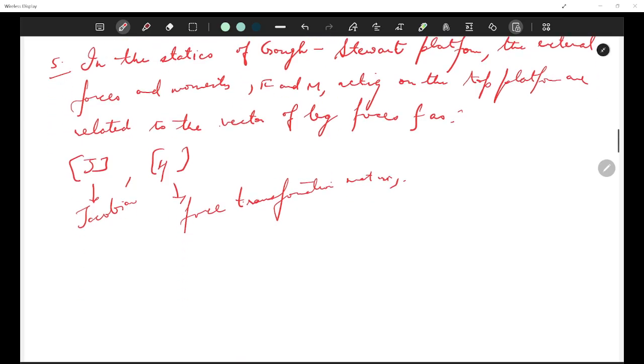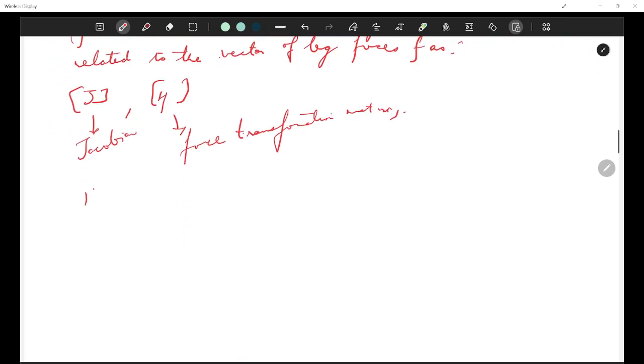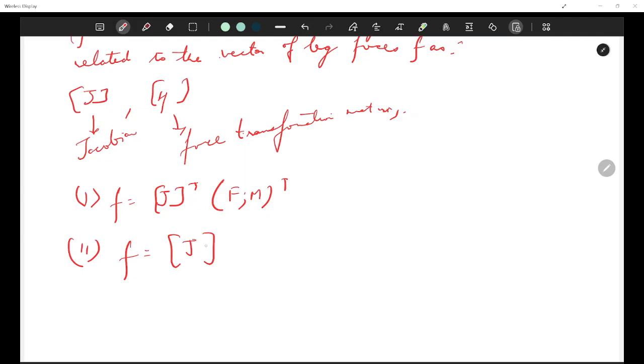Okay. So the options here are: F is J transpose, F M transpose. The second option is J inverse transpose, F and M, forces and moments transpose.